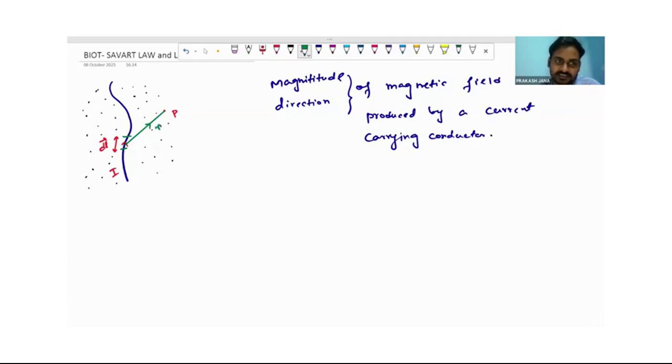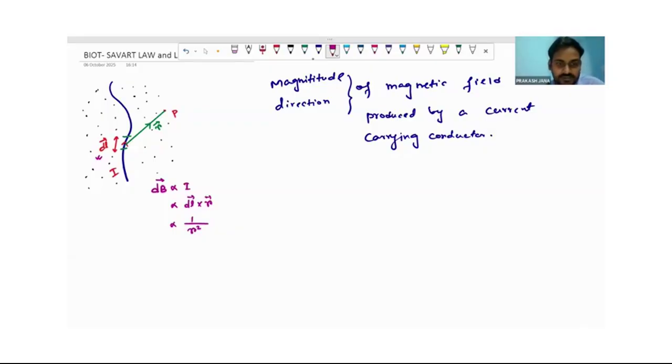Suppose it is represented by vector R. According to Biot-Savart law, the magnetic field is represented by dB, that is elementary magnetic field, the magnetic field due to the segment dl. dB is proportional to the current, proportional to dl cross R, and inversely proportional to the square of the distance between the elementary point and the point at which we want to find the magnetic field.